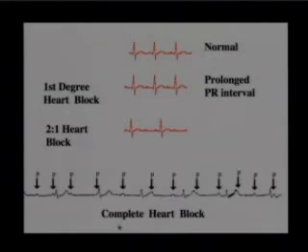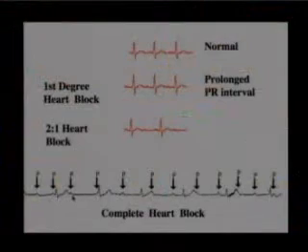Now, if we take a look at this one, what we see down here is a complete heart block. You note the P waves are identified here, and they come anytime they feel like it. And there are occasional QRSs here in no relationship to the P waves. Sometimes they say it's like a dysfunctional family.